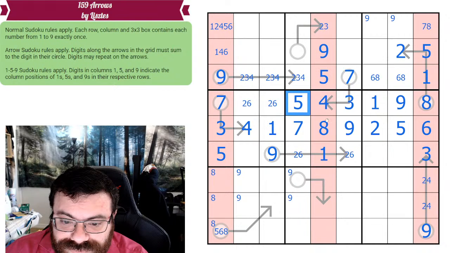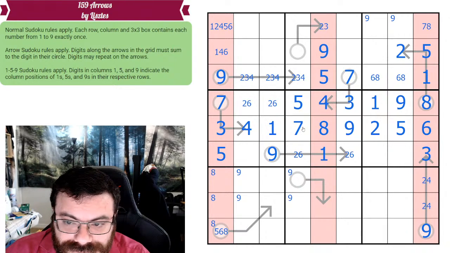Nines placed 4, 5, 8, 5, 1, 5. Okay. Just double checking that I got all those placed. These are, we have 1, 2, 3, we need 4, 7, 8. That's not a 4 or 7, so that's the 8.